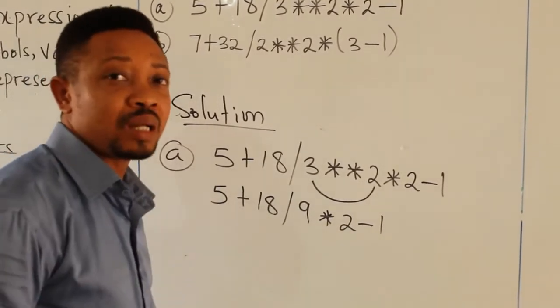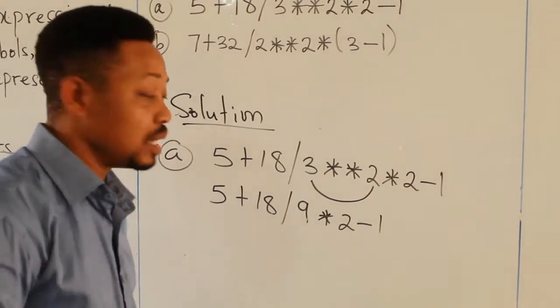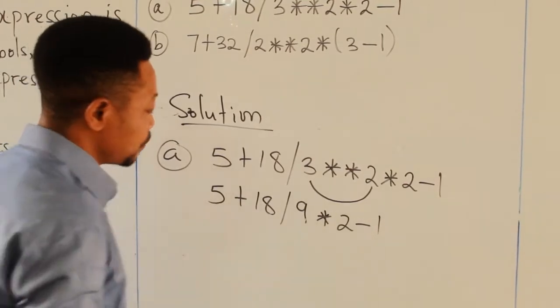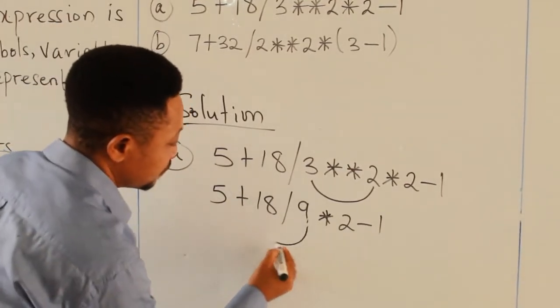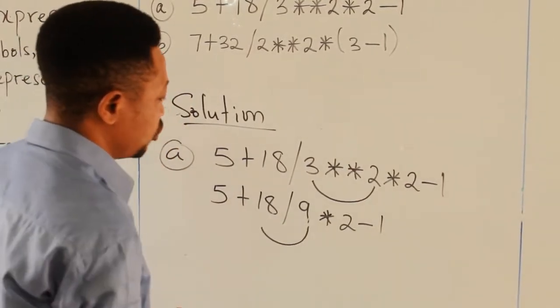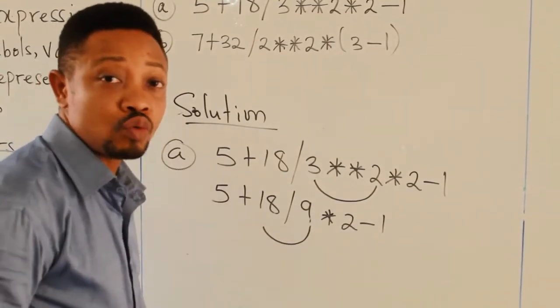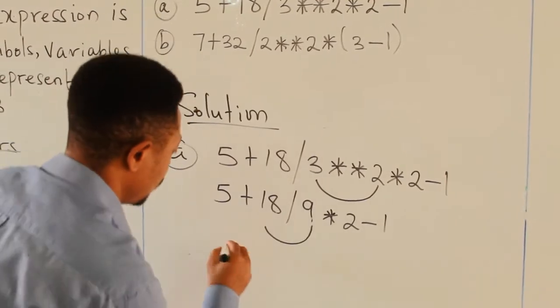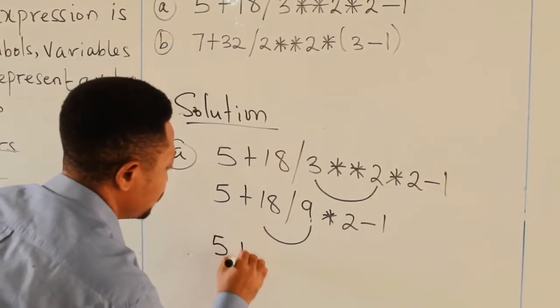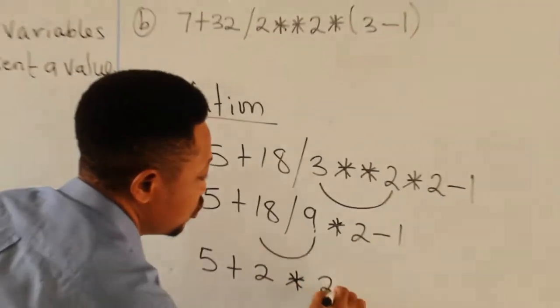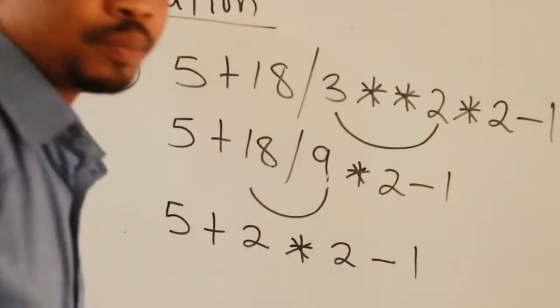Multiplication and division are on the same hierarchy, so we will attend to division. 18 divided by 9 will be 2. So this is 5 plus 2 multiplied by 2 minus 1.